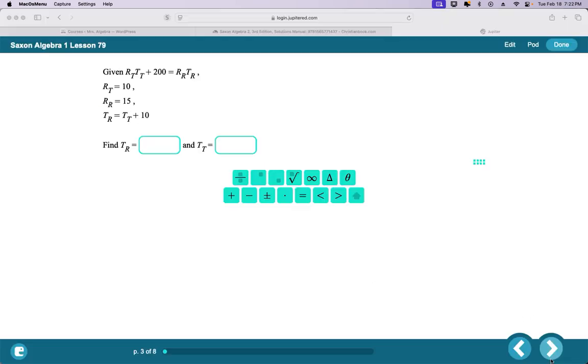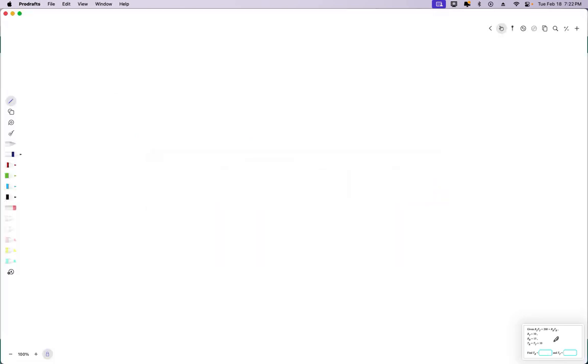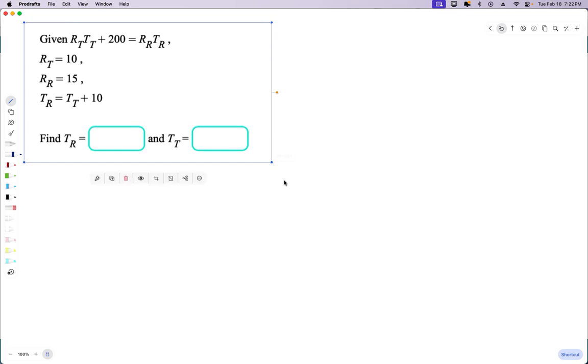Okay, we're going to do the same thing for this problem. Let me copy it over. This time we have 2 bits of information to find. So let's open it up. Okay, so RT times TT plus 200 equals RR times TR.